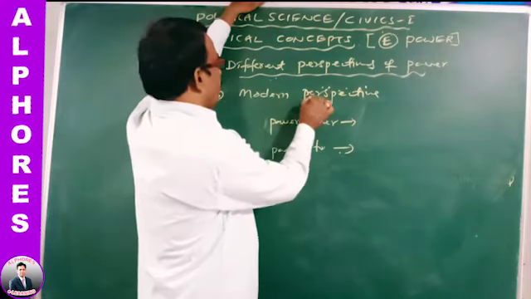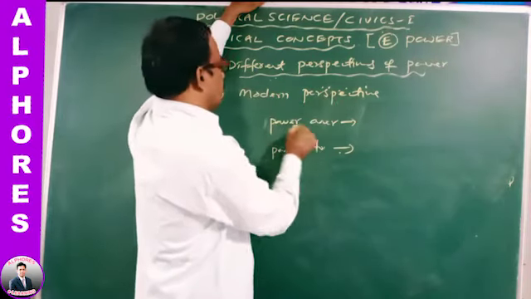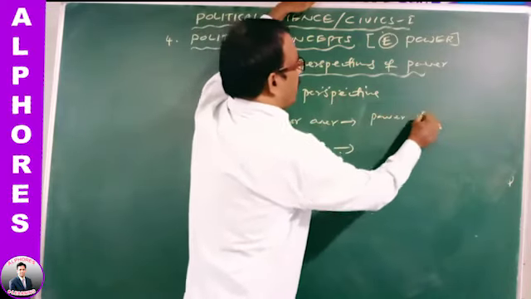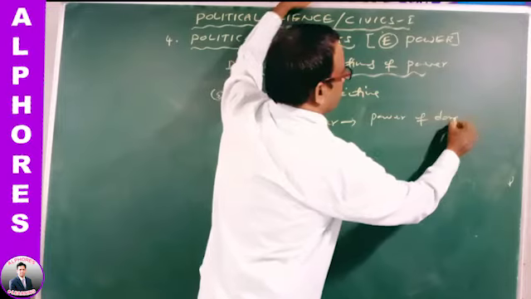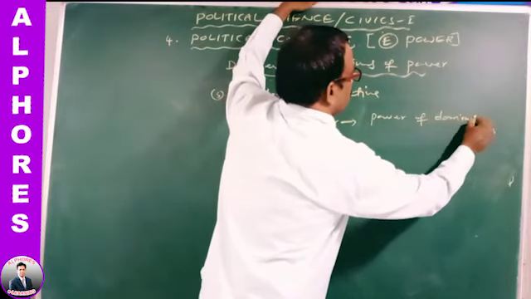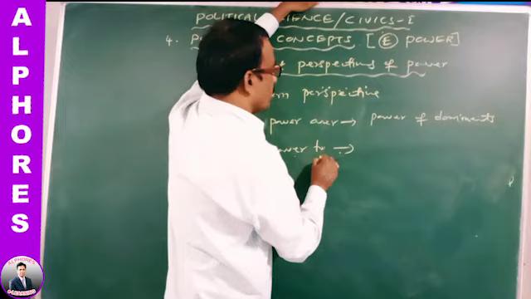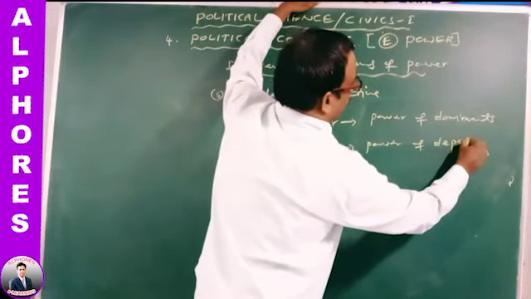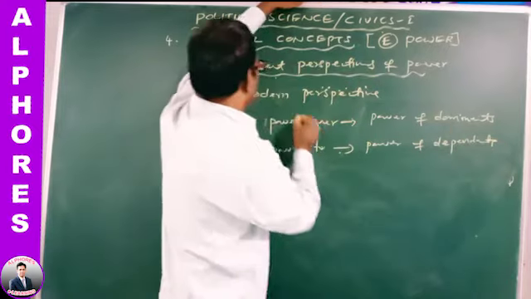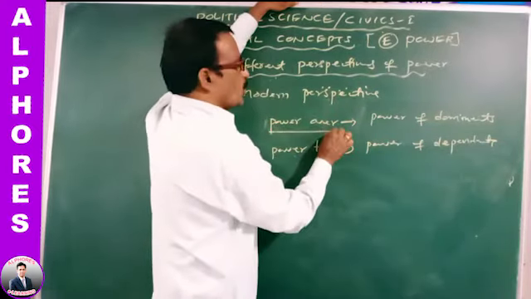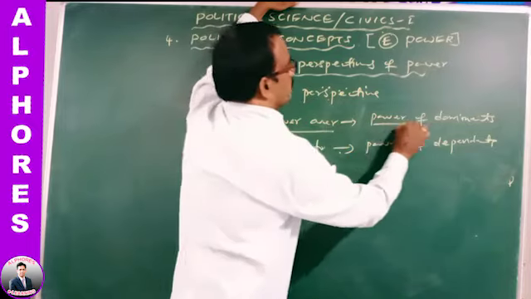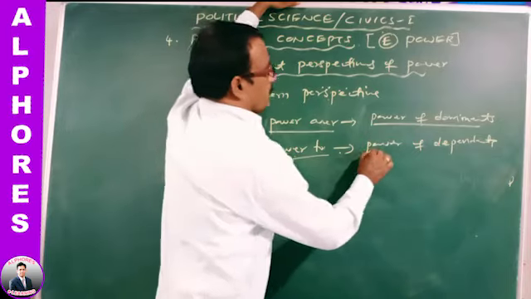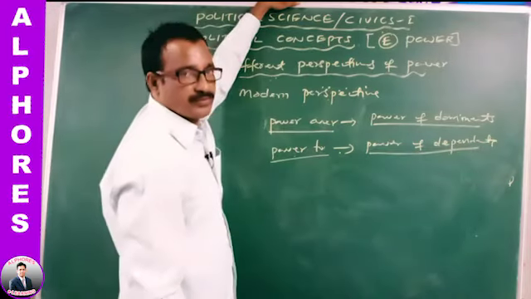Here, according to modern perspective, power over is the power of dominant sections, the power of dominance. Clear? Power to means the power of dependence. Clear?